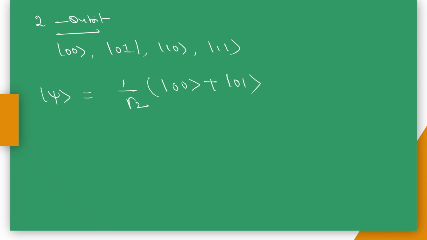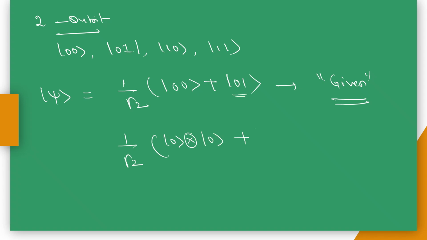This is the given system to check whether the system is entangled or not. Now I just take the 1 by root 2. Here the state 00, I take as state 0 tensor product with another state 0, plus state 0 tensor product with the state 1.